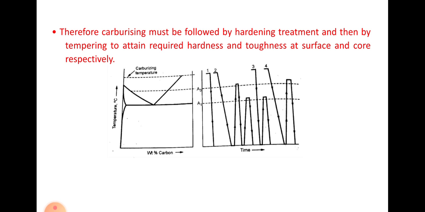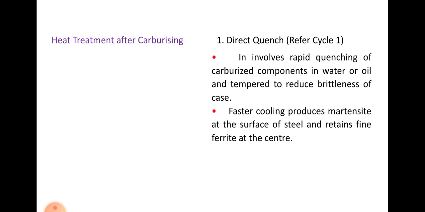after carburizing. There are two parts of the diagram. The first part shows the iron carbon diagram, that is weight percentage versus temperature, where we heat the steel to carburizing temperature. The second diagram shows the heat treatment, the TTT diagram for this carburizing process. Generally this heat treatment has four steps.